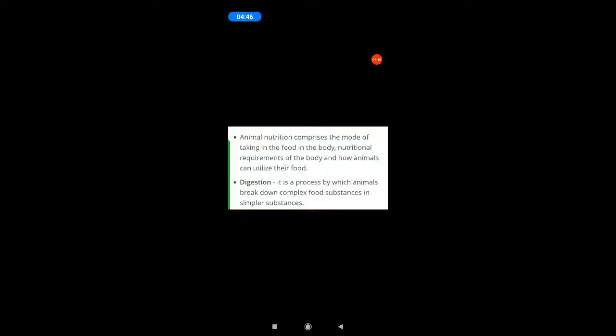Digestion is a process by which animals break down complex food substances into simpler substances. See the diagram: the complex substances convert into simpler substances. That is the definition of digestion.